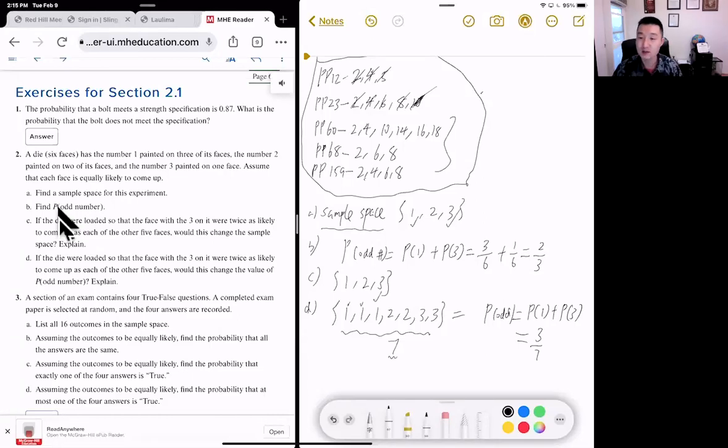So that's 3 over 7. P3 will be 2 over 7, so we have 2 threes here because 3 is twice as likely, and the total number is 7. So that will be 5 over 7. 5 over 7.